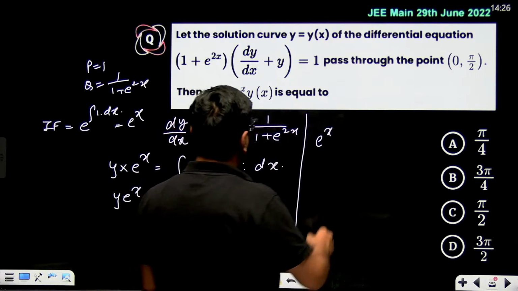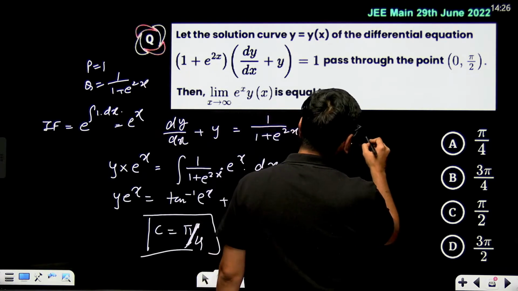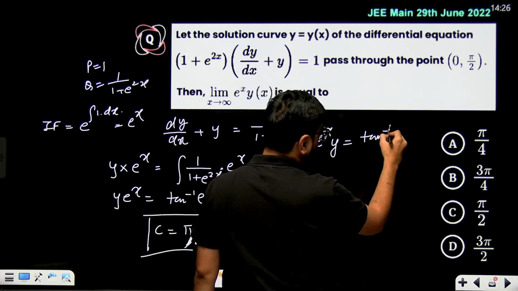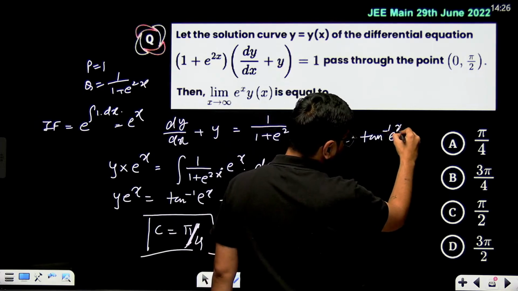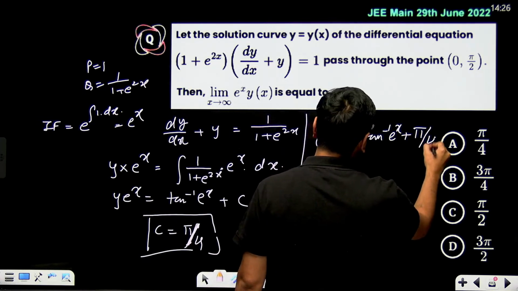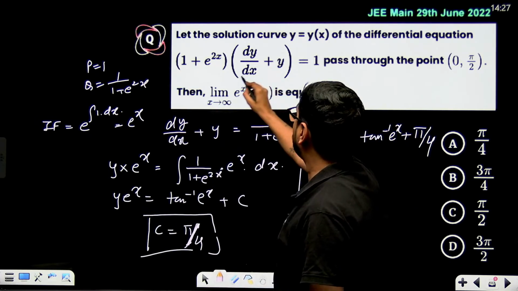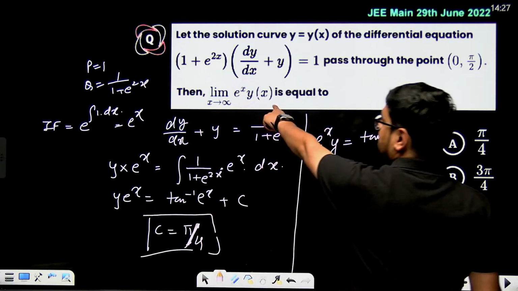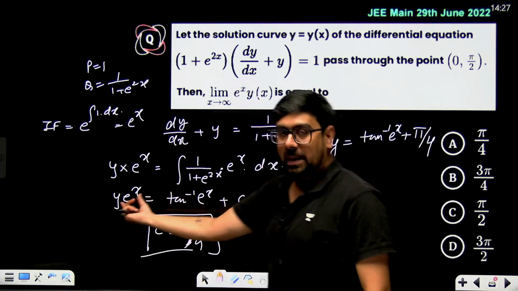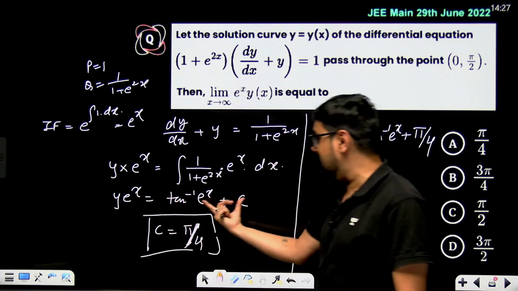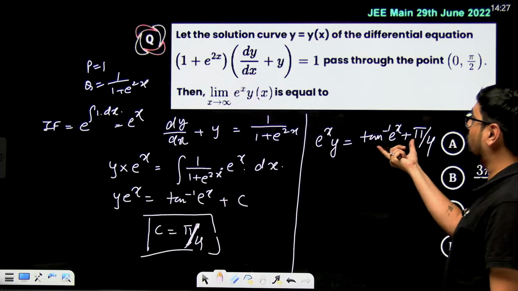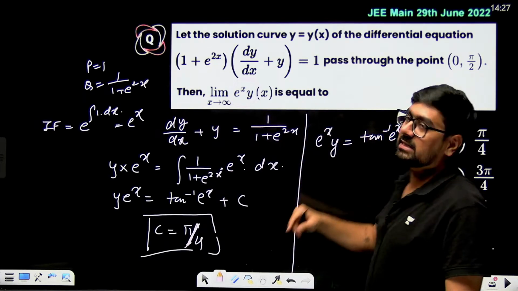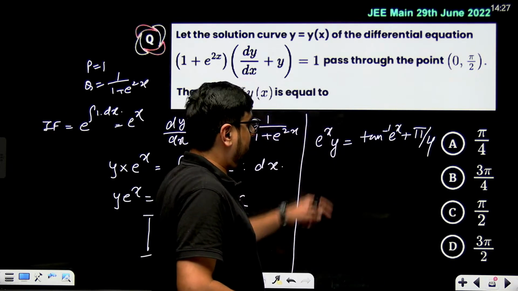E to the power x into y will be nothing but tan inverse e to the power x plus pi by 4. This thing only. E to the power x into y at x, they are asking us to find. So e to the power x into y is this expression, and at x they want us to find the expression.